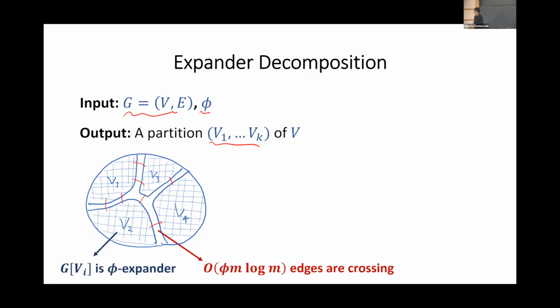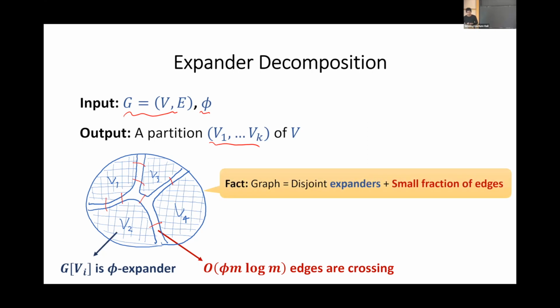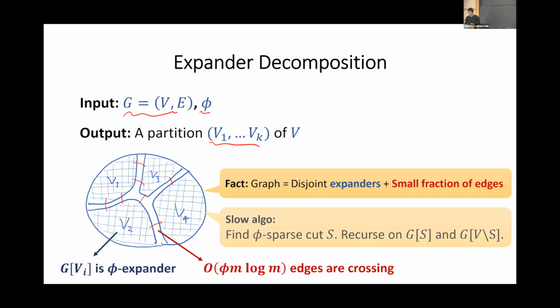So this thing always exists for any graph. Basically any graph is really just a disjoint union of expanders plus a small fraction of edges. Why does this exist? One way to see it is the following. The slow algorithm to compute this is: you have a graph.